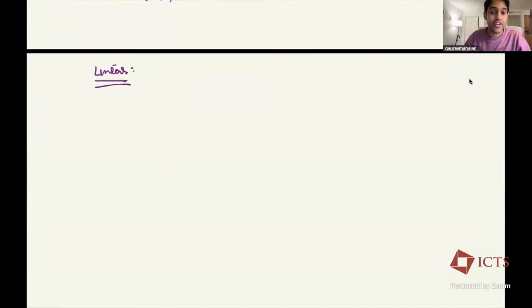I'm not going to write too much, but we're going to look at linear V star. So we'll assume that this V star function is linear.